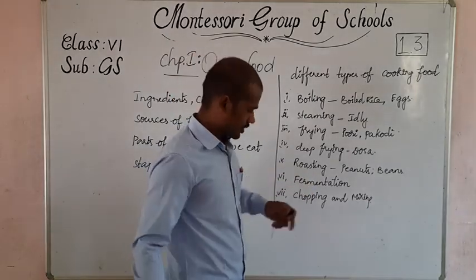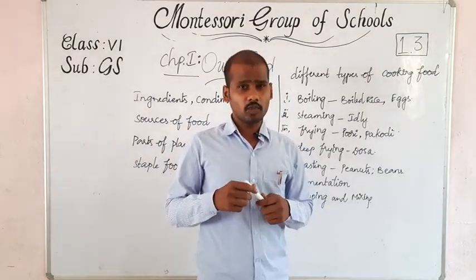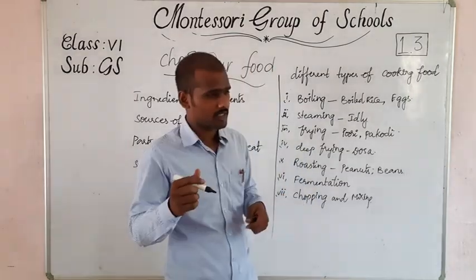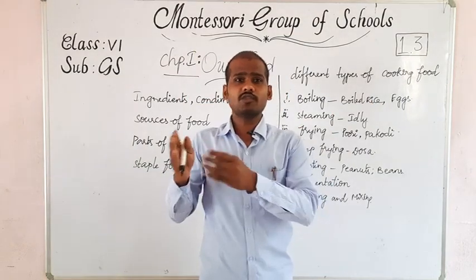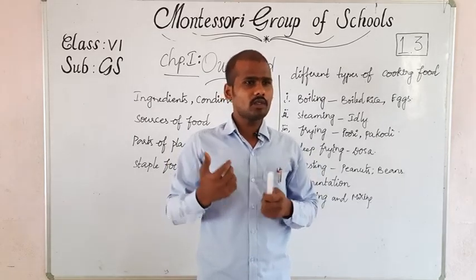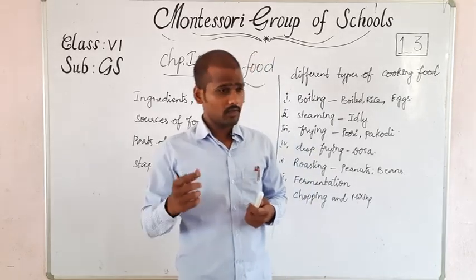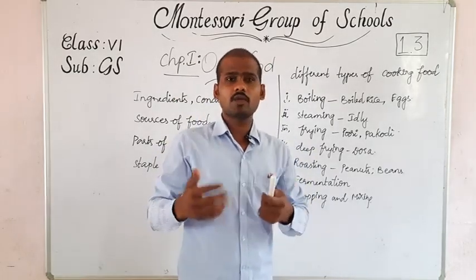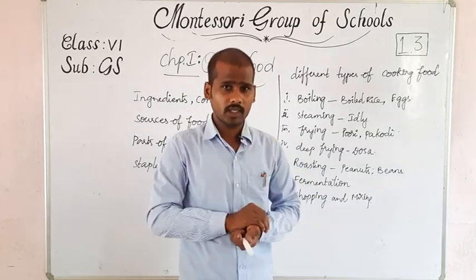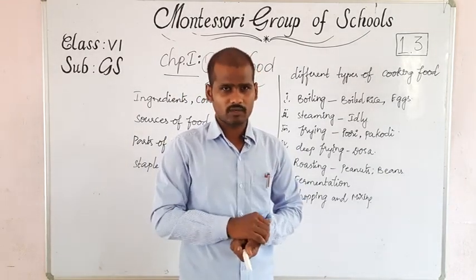Next, fermentation. Fermentation is a food process which you all know, yet you may not know that it is fermentation. For example, milk is converted into curd. We first heat the milk and then cool it, and after that we add some curd to this cooled milk and leave it for almost 12 hours, overnight.